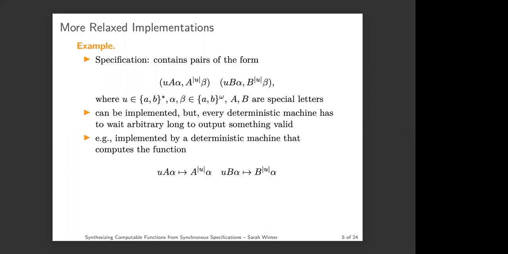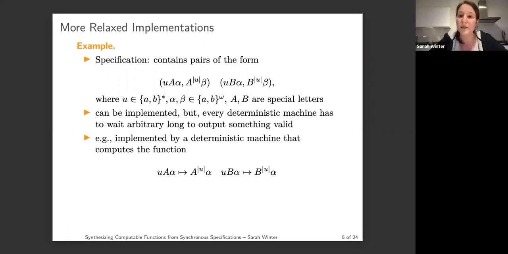Thanks. I was just trying to understand the terminology of synchronous, because in what sense is this a synchronous specification? Because if you don't know how long you have to wait in order to produce the output, then in what sense can you start producing the output? Okay. It's synchronous in the way that the specification can be specified by a synchronous automaton.